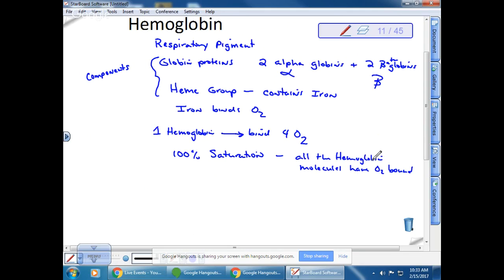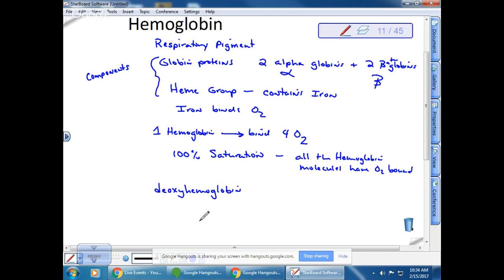Okay, so when we look at saturation, the main function of hemoglobin is to dissociate from the oxygen when it needs to, or to pick it up. So we can talk about its reversibility. So we have deoxyhemoglobin. This is actually not blue. When we think about unoxygenated blood, deoxy means hemoglobin that doesn't have oxygen bound to it.